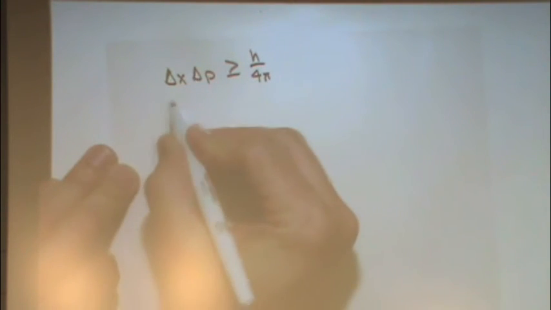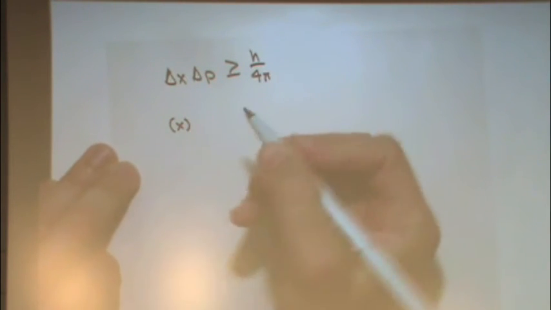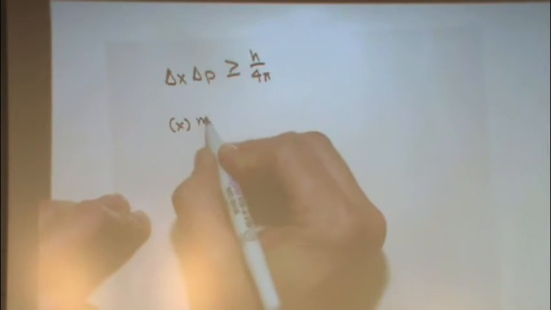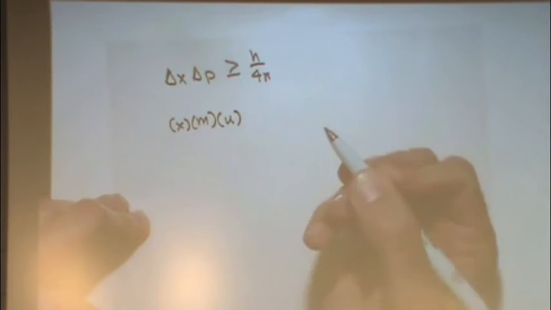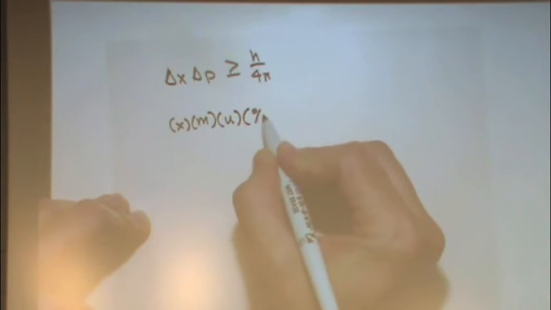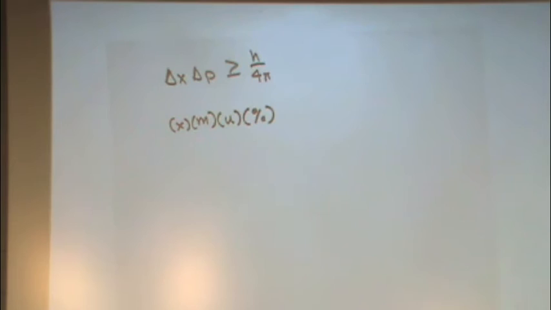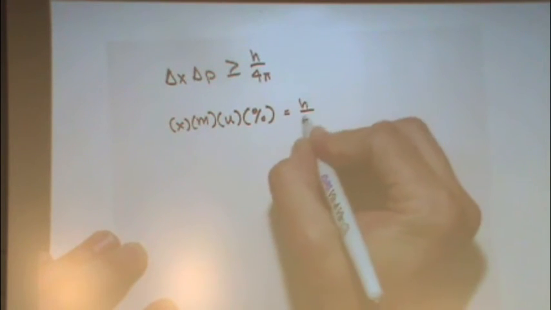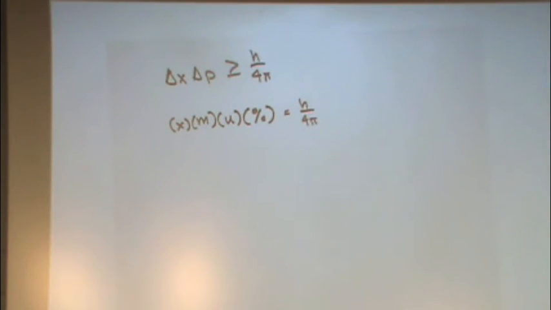We rewrite this as just, we're looking for x, a distance, a length, a position, something like that. P is just a mass times a velocity, that's momentum. You're going to be given in the question a percentage, associated with the accuracy or precision or something like that. And just set this equal to h over 4 pi. It'll be mathematically a little easier.